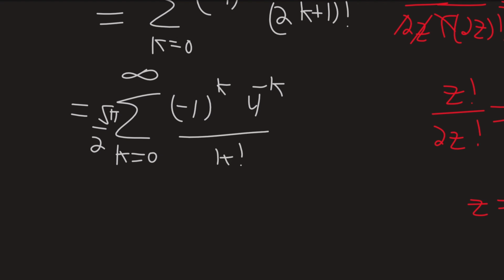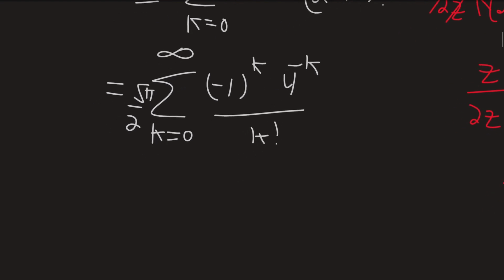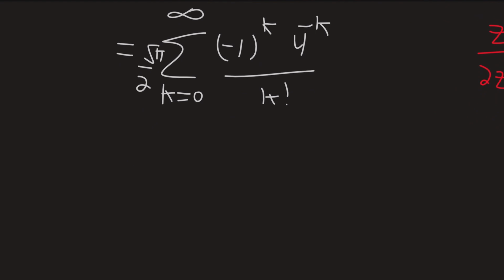And you'll notice that this looks maybe a bit familiar if I write it this way: square root of pi over 2 on the outside, but then the sum of (negative 1/4) to the k times 1 over k factorial.